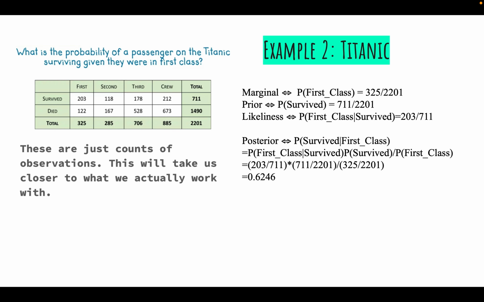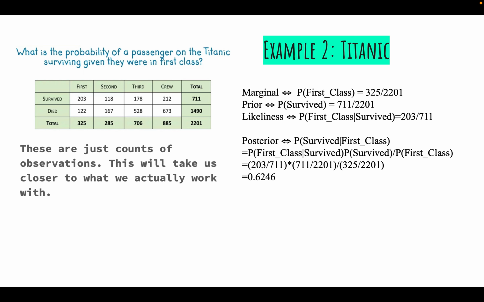And the prior is the probability of someone surviving, which is the total of the people that survived divided by the total of people on the boat. So we got 711 divided by 2,201. The likelihood, I wrote likeliness here, but it should be likelihood, is the probability of first class given that they survived.